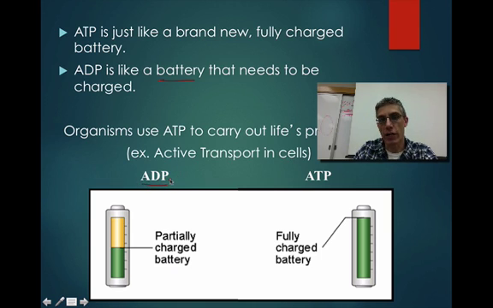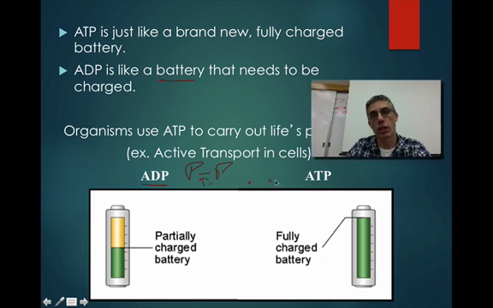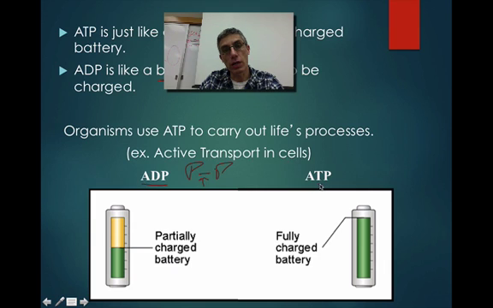Remember, we only have two phosphates, so there's really only one bond that we're looking at, so not quite as much energy in this molecule. But if you look at ATP, and again, this is going to be triphosphate, we actually have three phosphates and we have two bonds, which means we have more energy in this molecule. So again, the ADP is kind of like a partially charged battery, and the ATP is a fully charged battery.